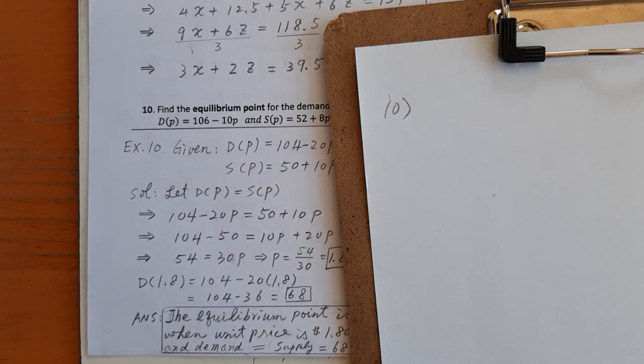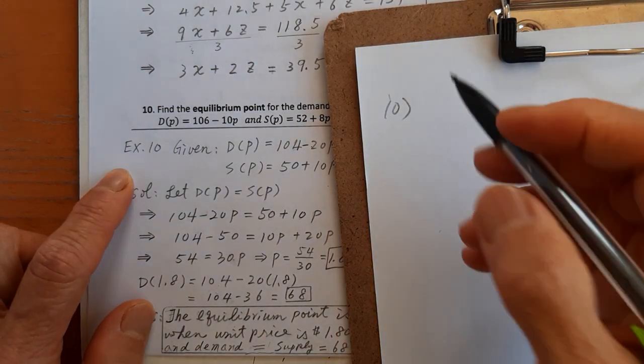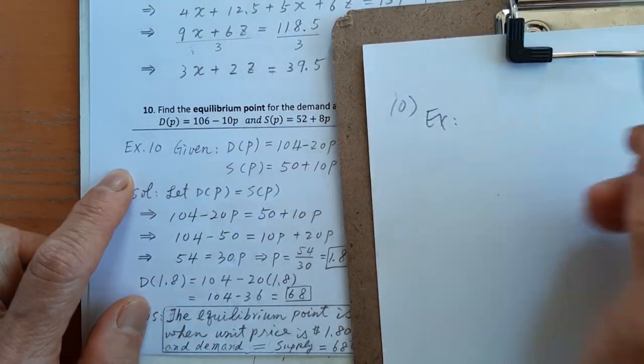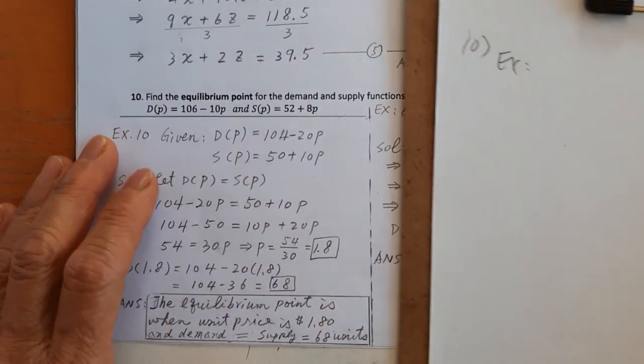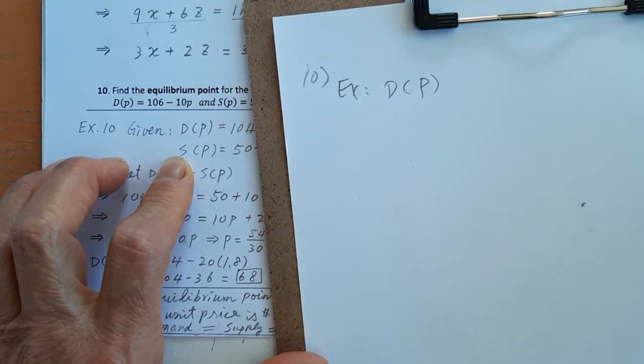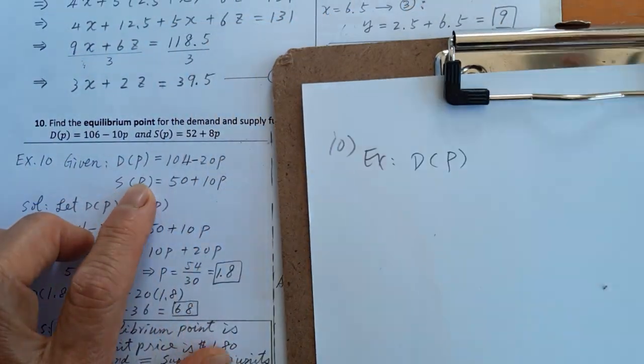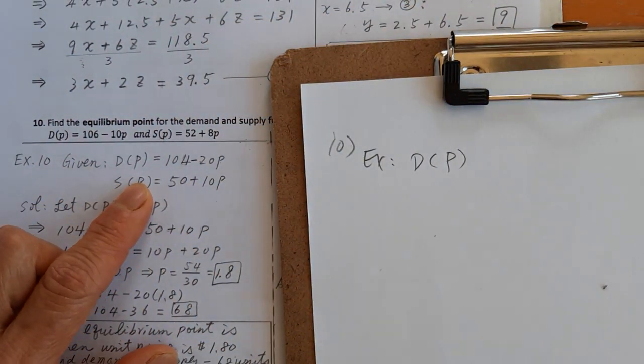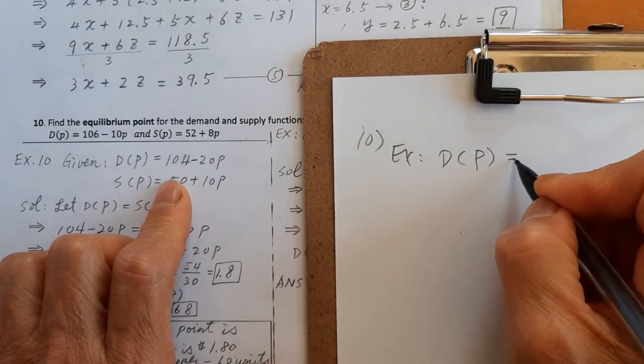Example, number 10. A given demand in terms of P, the price per unit, how many dollars of price. Demand is how many units?